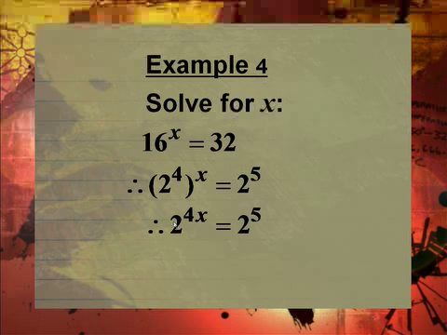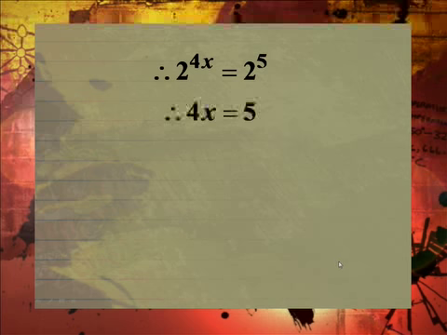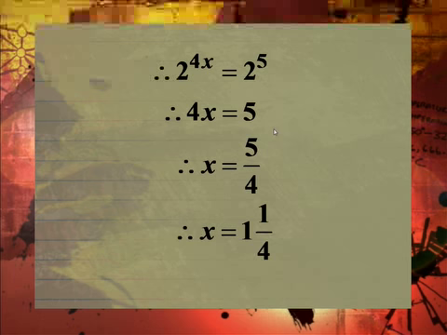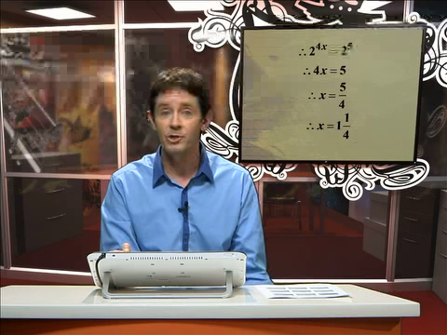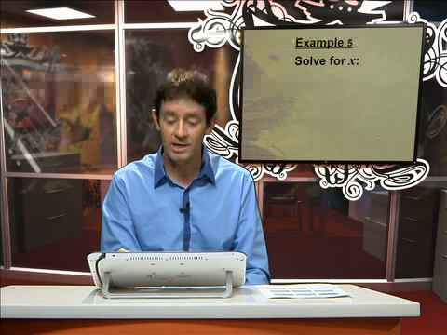And guess what? We've got the bases the same, so we can drop the bases or equate the exponents. Now we've got a very simple equation, and x is 5 over 4 if you divide by 4, and we always like to make it a nicer looking 1 and 1/4. What a pleasure.